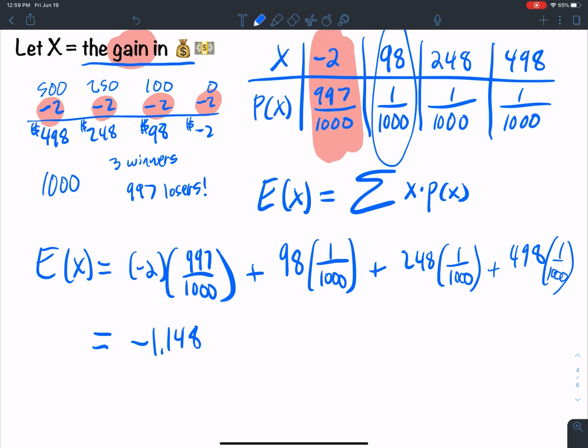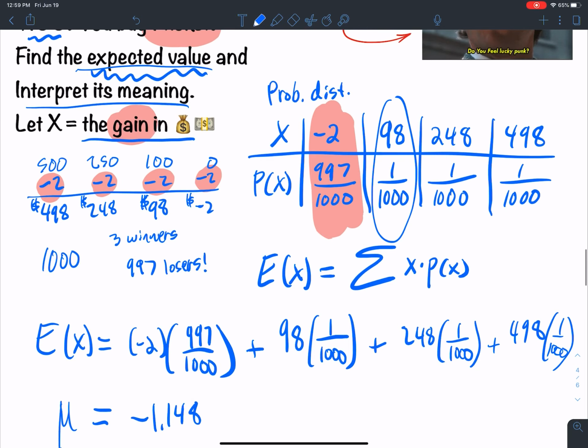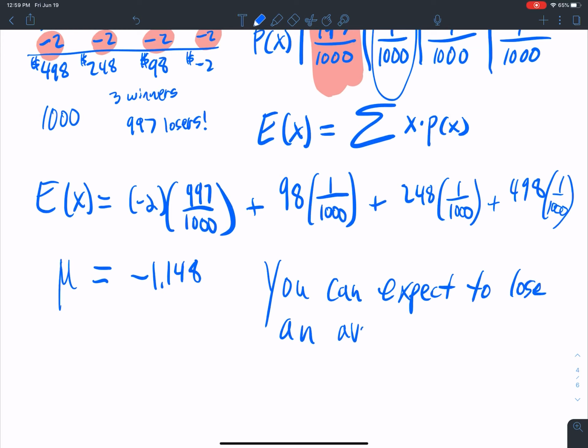So what does this mean? How do I interpret this number here? How do I interpret this average, this expected value, right? So interpreting the meaning is half the problem. So what does this mean? You can expect to lose an average of $1.15.